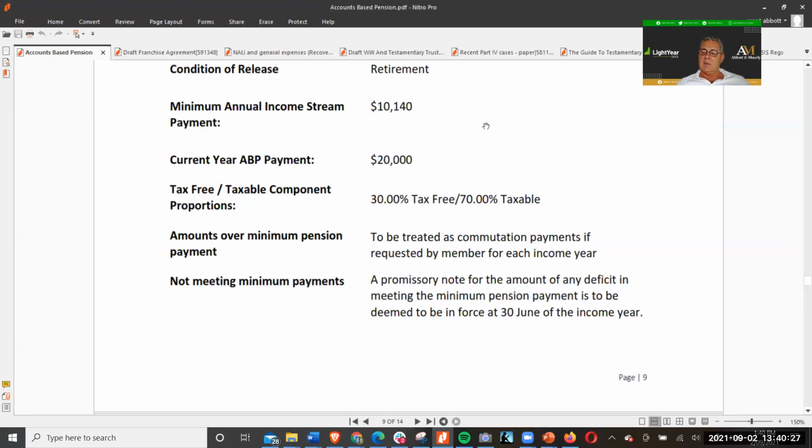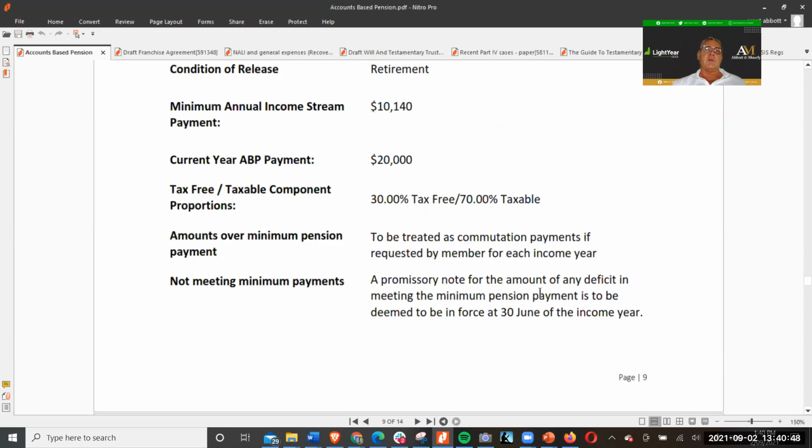The benefit of that is that the $9,860 will be debited against our T-bar. So if there's other money sitting on that accumulation side, it drops down that T-bar, which is pretty important.